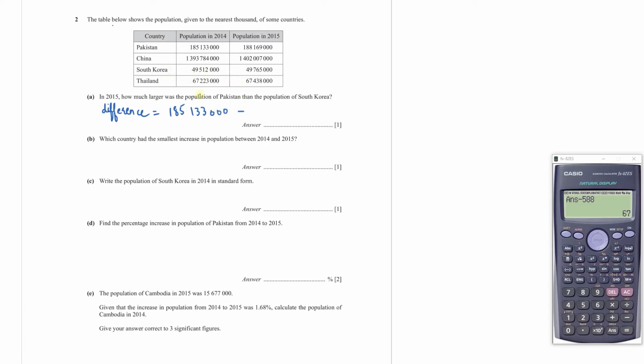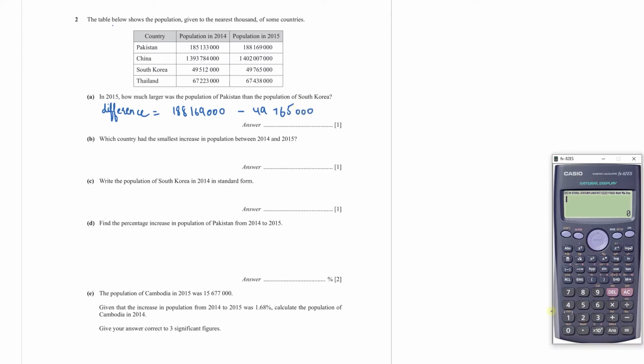Or in fact, they're looking for 2015, so this is not correct. I will write down the population in 2015, which is 188,169,000. Minus population of South Korea, which is 49,765,000.